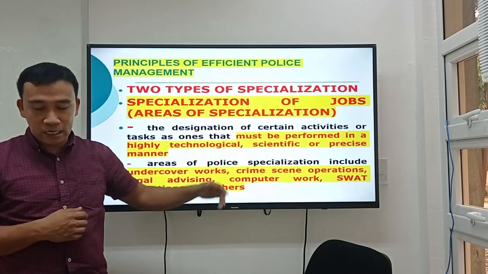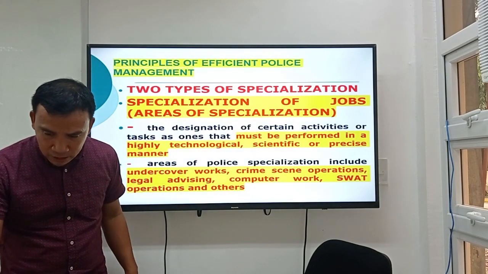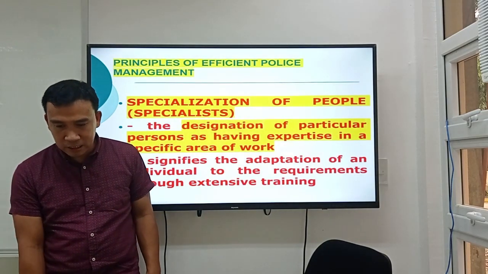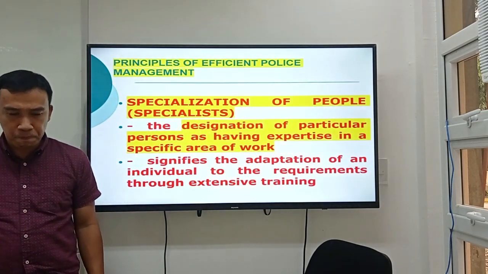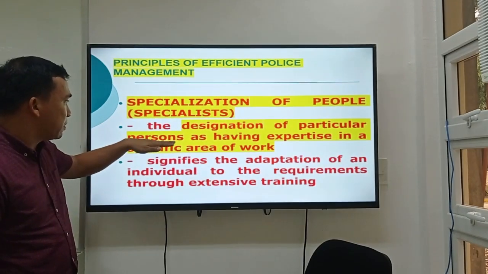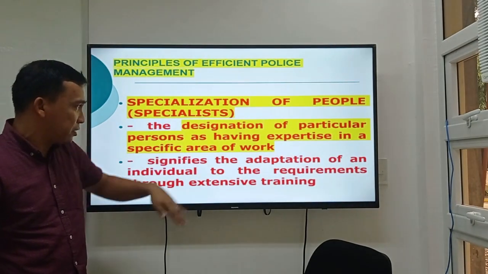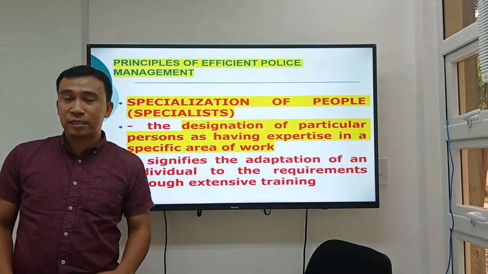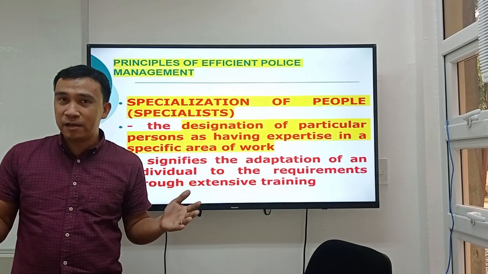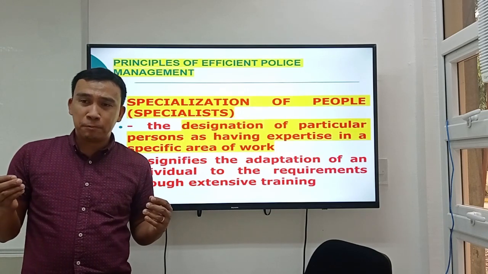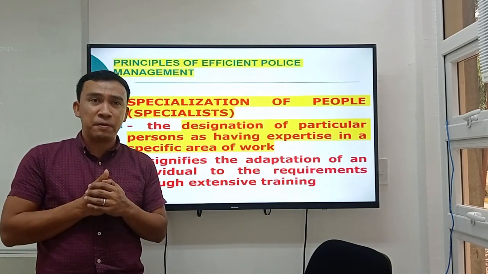Okay. Next, another type of specialization is the specialization of people or the designation of particular persons as having expertise in a specific area of work. For example, sa medical field, that is one of the specialized units ng PNP.